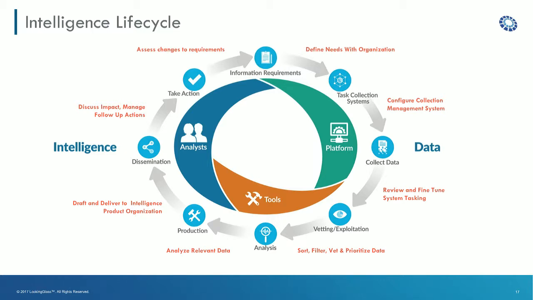So we will talk about what we need to do in terms of people and capability in that regard, what tools need to exist, or what are the typical types of tools that need to exist. What are the types of data that we need to collect, and what should we be looking for in those types of data? But this overall cycle is really important to understand, that it's not a one-time shot.